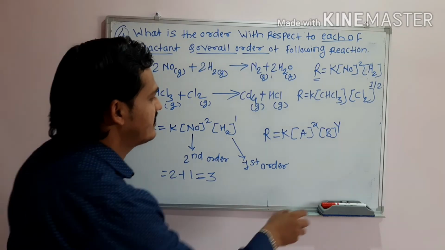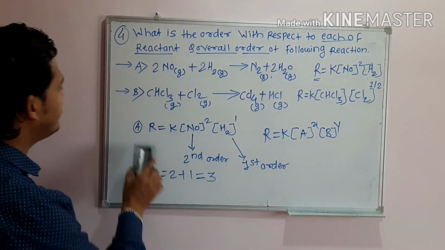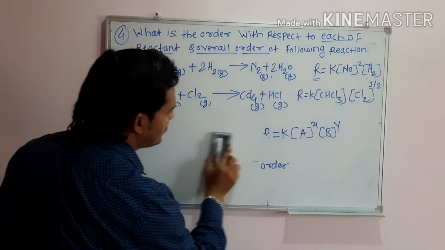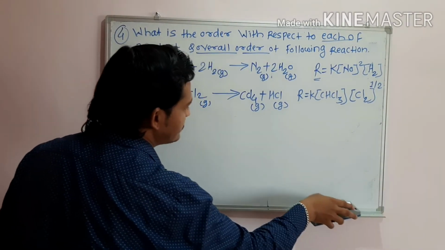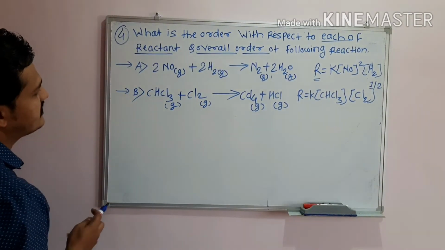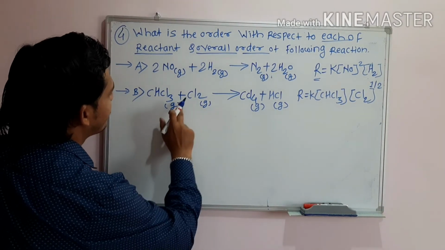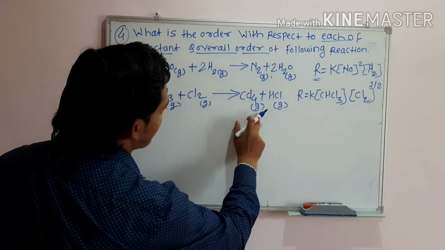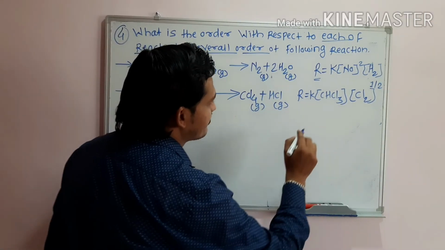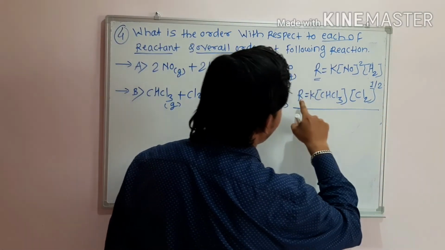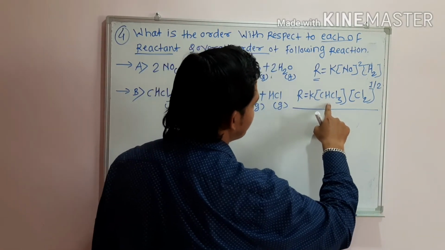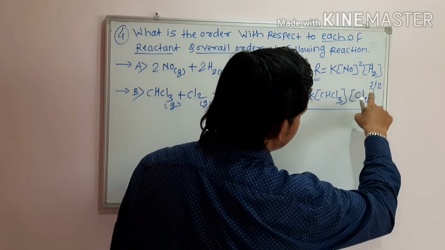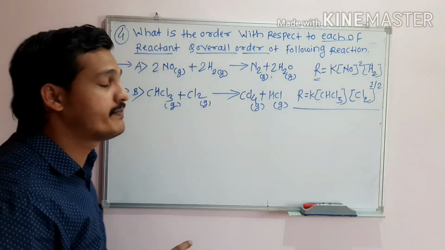Then equation B consists of CHCl3 gas plus Cl2 gas, which gives CCl4 gas plus HCl gas. Rate law is found to be R is equal to K [CHCl3] [Cl2]^1/2.